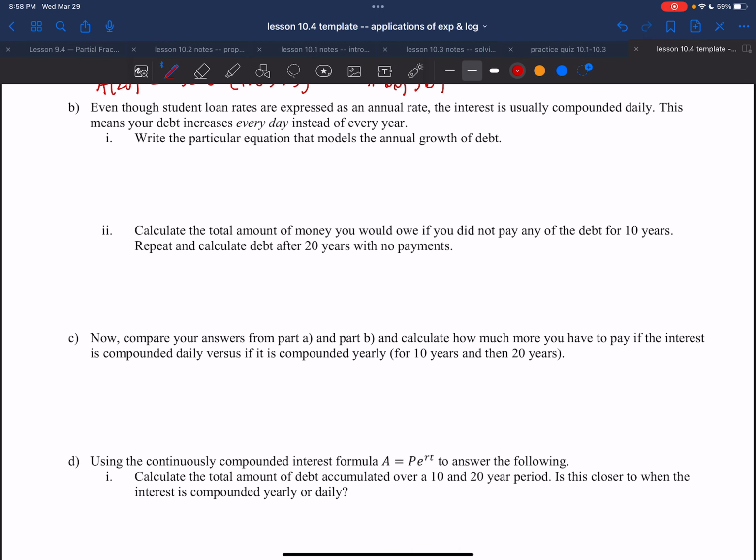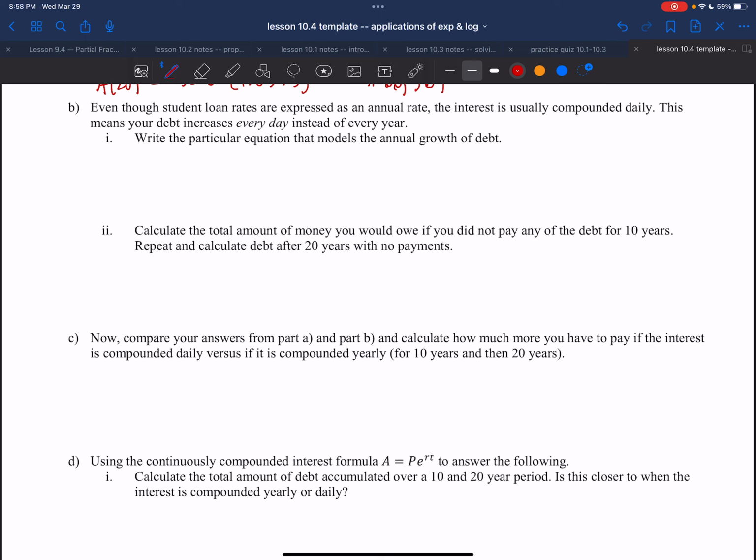Let's say even though student loans are expressed as an annual rate, the interest is actually compounded daily. When we say an annual interest rate, it means every year, that percentage gets applied to the amount you owe.